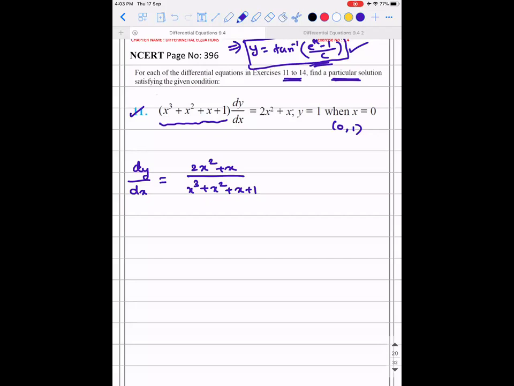It will become in the form of partial fractions. So we can take it as px square plus qx plus c divided by ax cube plus bx square plus cx plus d, where you are able to factorize the denominator. That's what you're trying to say, right? So how did you know that it is x plus 1 into x square plus 1?